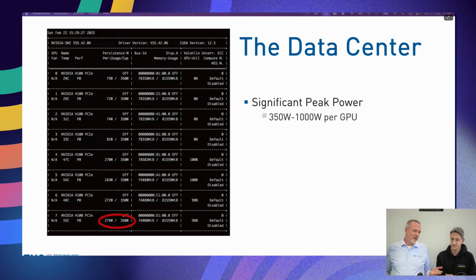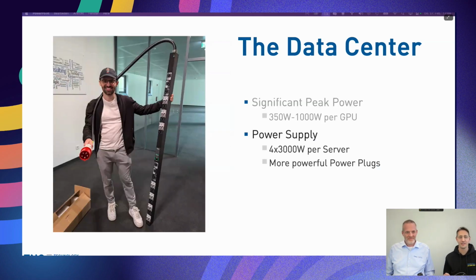To put this into perspective, it's in the range of a hairdryer, and in the data center, it's also very noisy because of all the fans. Yeah, it's really something that takes a lot of energy. And that's why you also need to think about electricity.